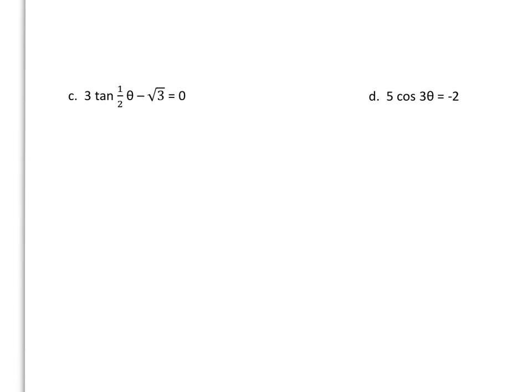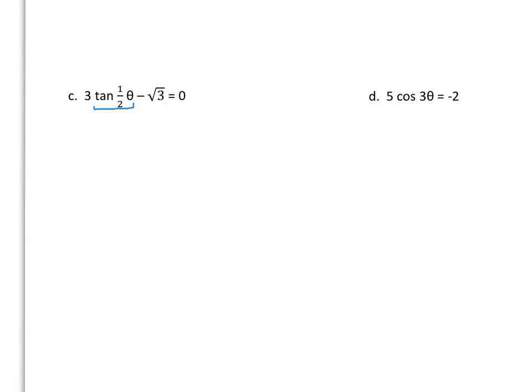3 times tangent of 1/2 theta minus square root 3 equals 0. The first thing we do when we have a number with our theta symbol is we isolate the trig term, which means we want to isolate all of that. To do so, we need to move over the 3 and we need to move over the square root 3.